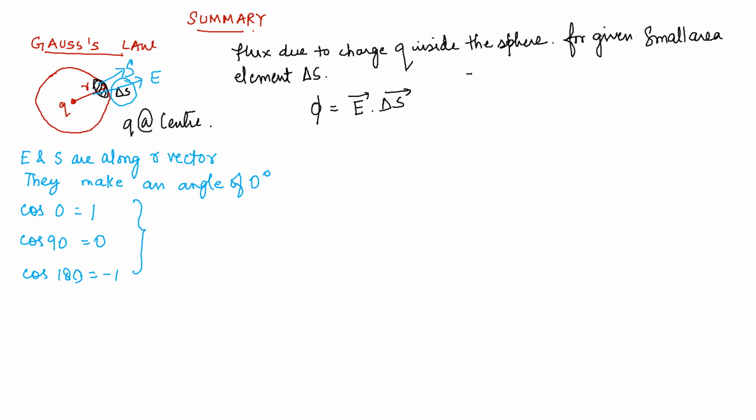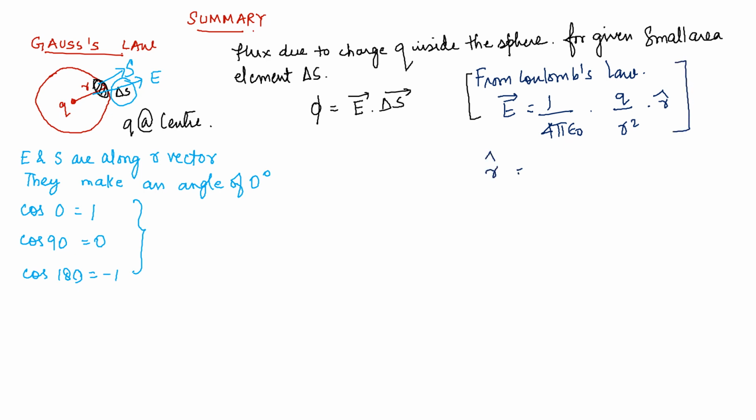So from Coulomb's law, E is defined vectorially. Okay, it's not a simple scalar. We are defining E as 1 upon 4 pi epsilon naught into q upon r square into r cap. r cap over here is the unit vector along E, r and S all.